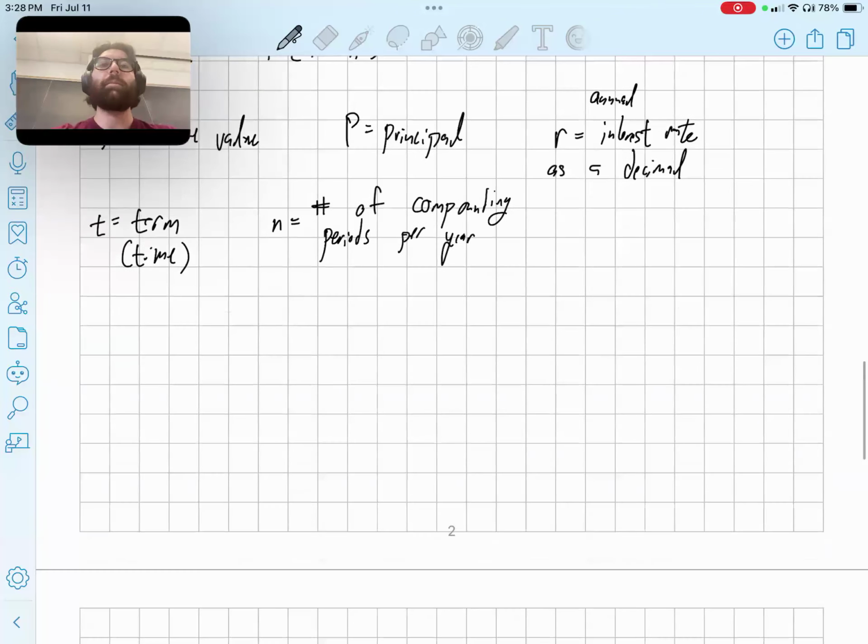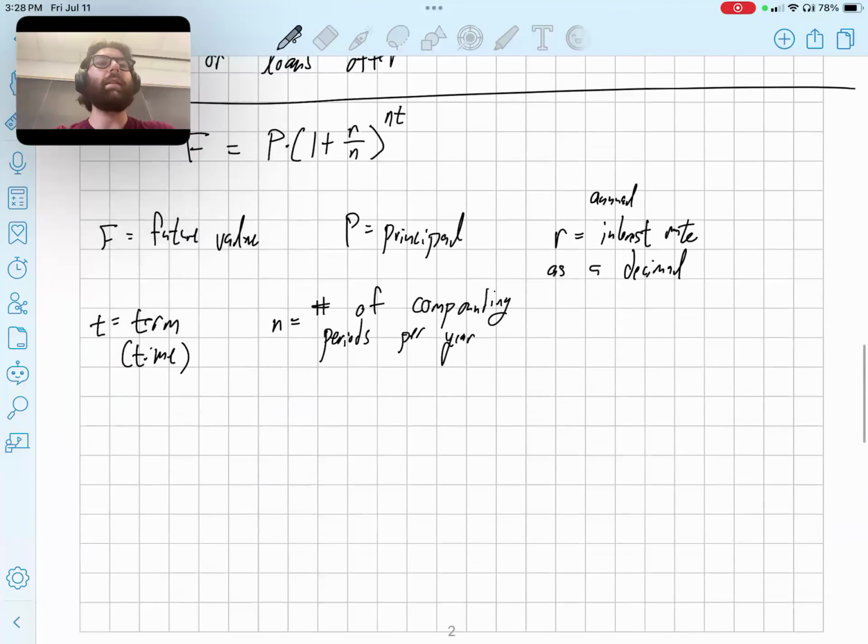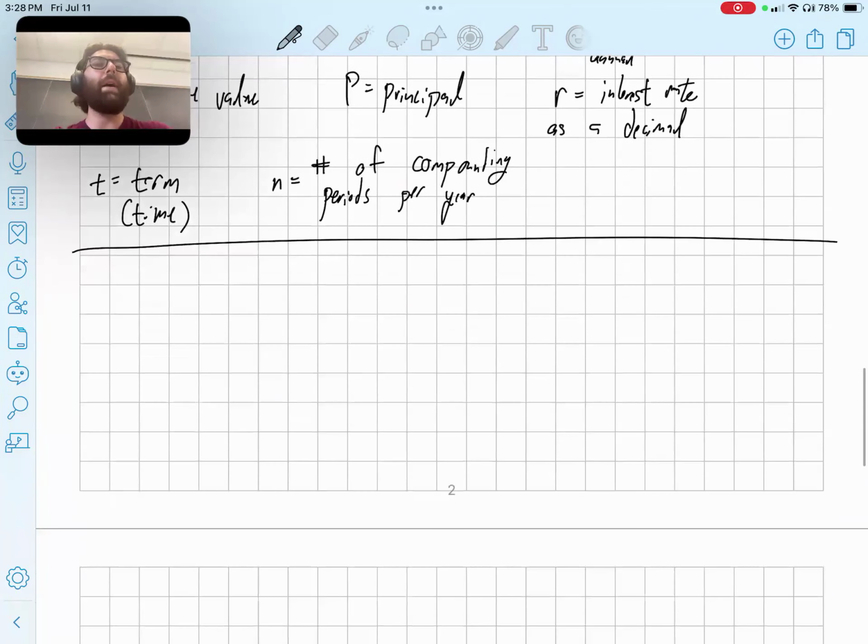And so how we can break this down by number of compounding periods is, we can compound annually. This means once per year, and this corresponds to N equals 1.